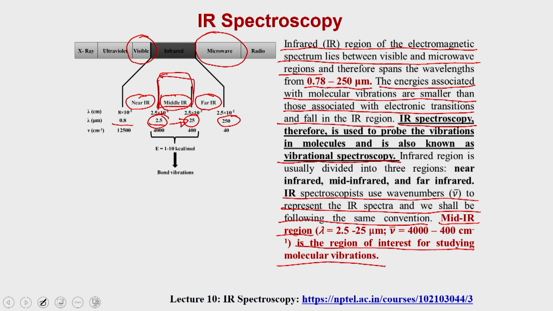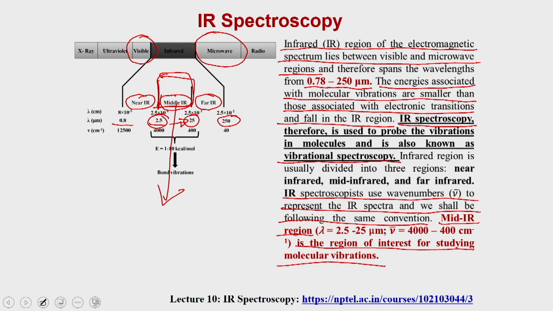The middle IR region has been extensively used to study molecular vibrations, and that is the region you can very much exploit to study the presence of functional groups.